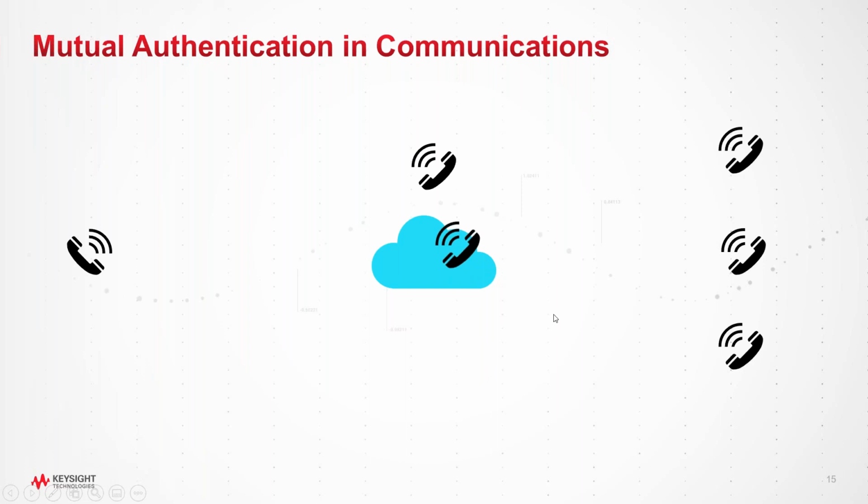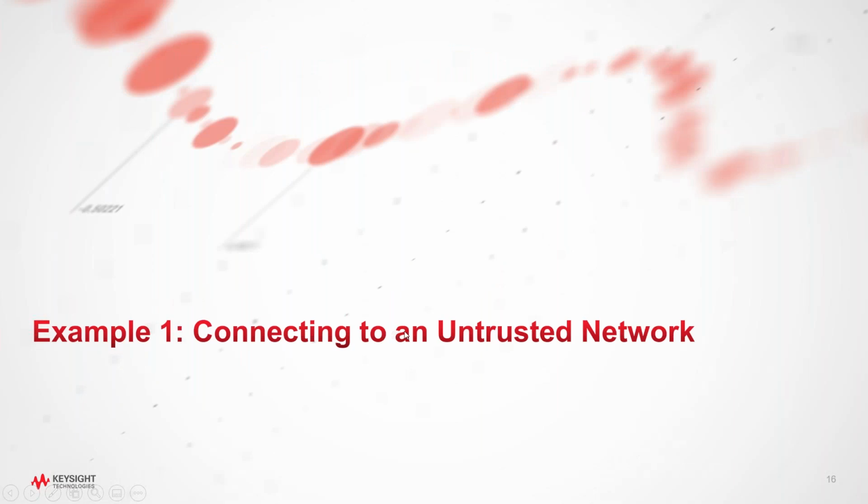Another mechanism we have here is that when you're sending your messages, are they potentially eavesdropped? And if they are, is the eavesdropper able to understand those messages or decrypt them? So now, with those concepts, we're going to look at our first example, connecting to an untrusted network.